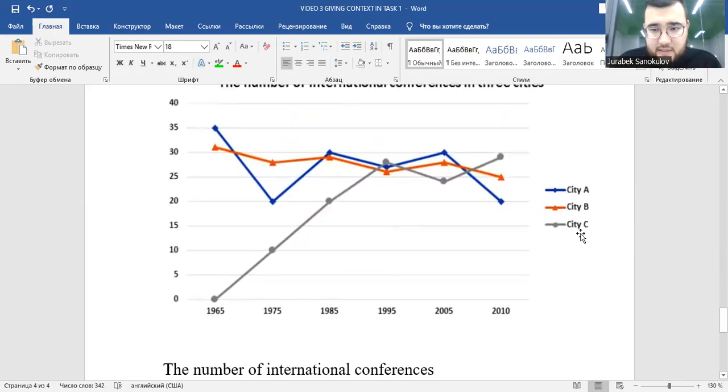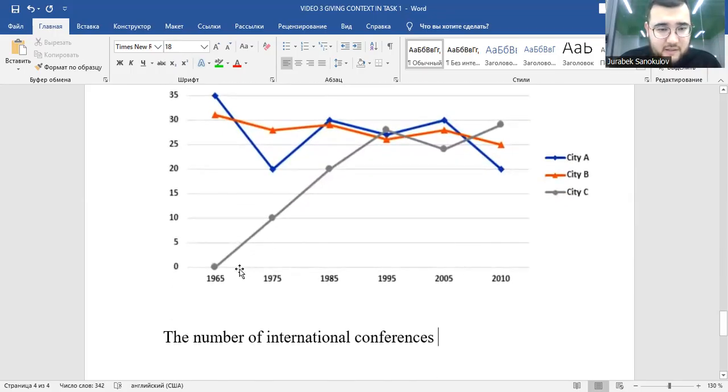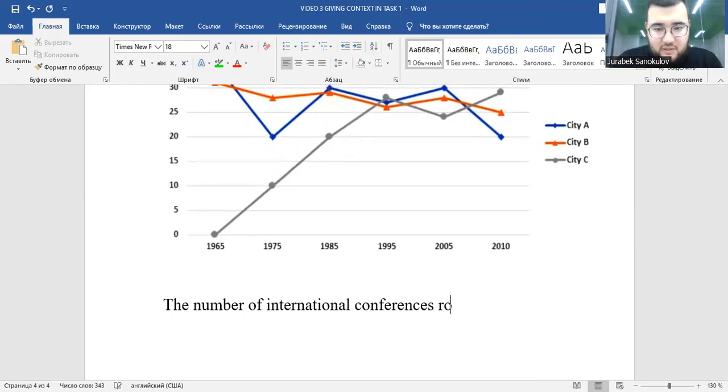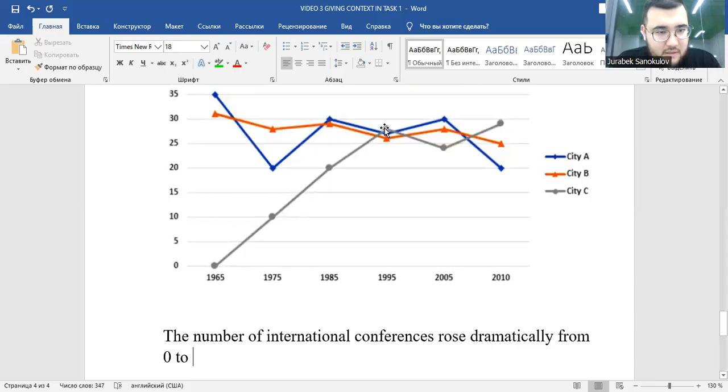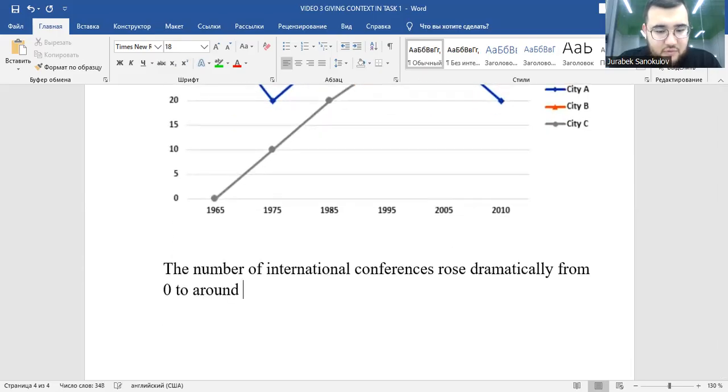Let's look at the city C, because it increased from 1965 to 1995. So let's say it rose dramatically from 0 to around 28 between 1965 and 1995.